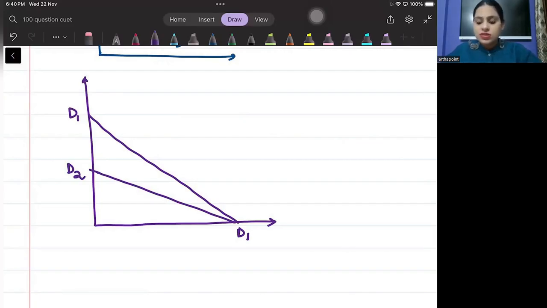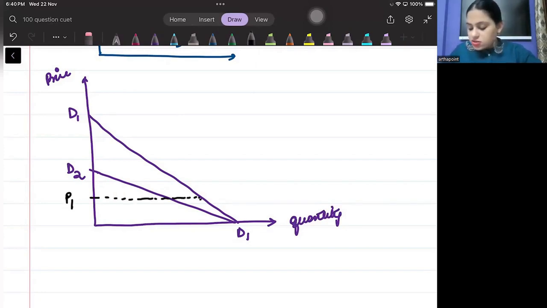I know that this is the price and this is the quantity. So beta, I am taking a particular price, P1. Earlier, at this price, the quantity demanded was Q1.